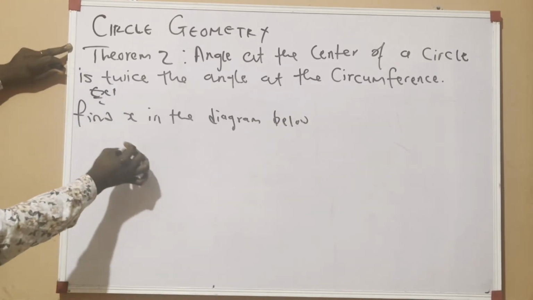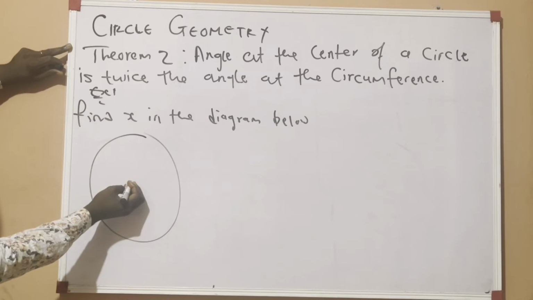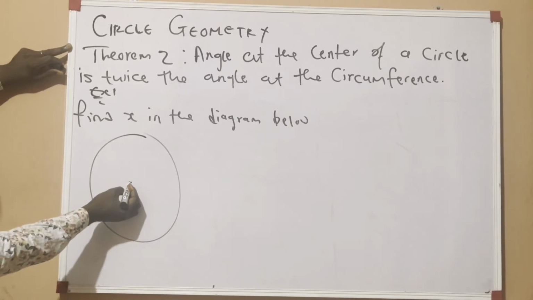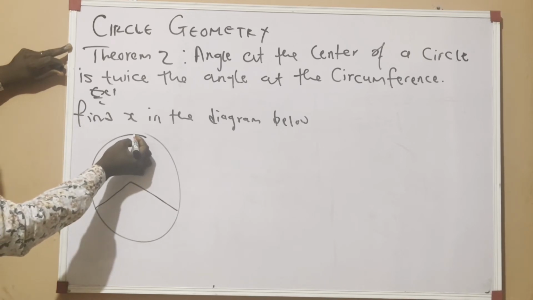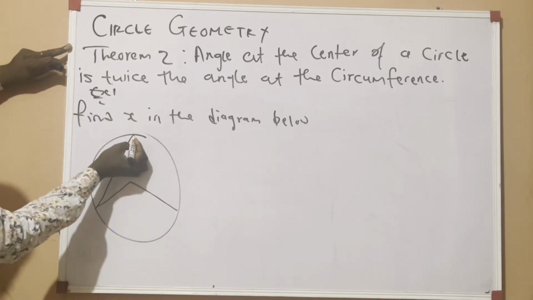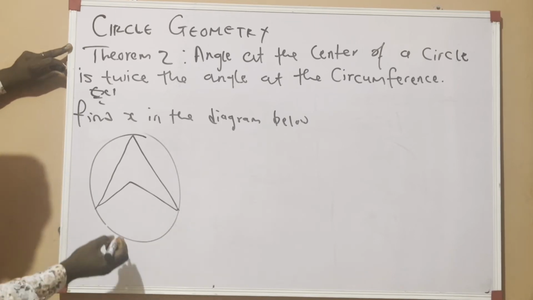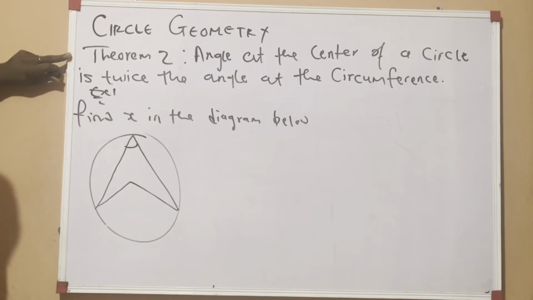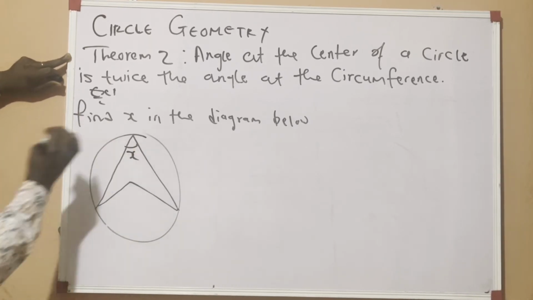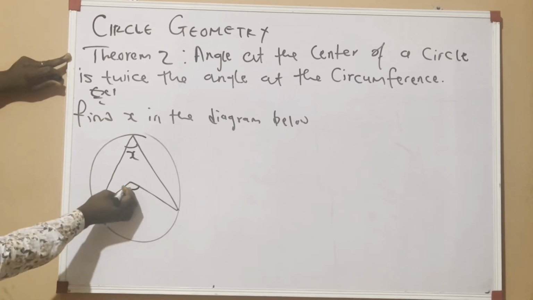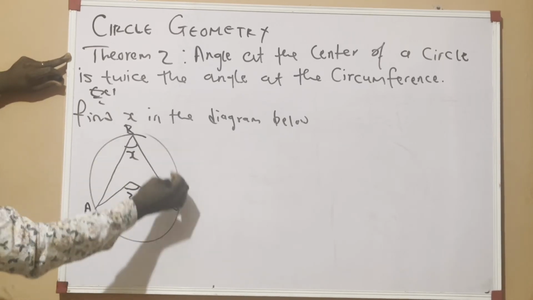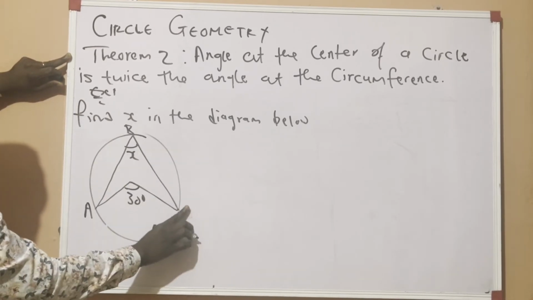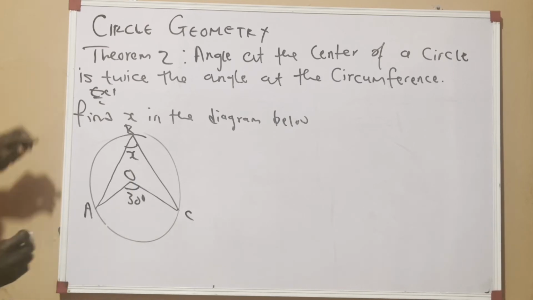Now this is the diagram: a circle, and then we have the center, we have a radius, we have also another radius, then we have a chord, and also another chord. And then we have x, and here we have 30 degrees. We have A, B, C, and then center O.